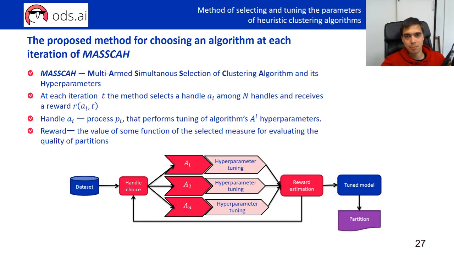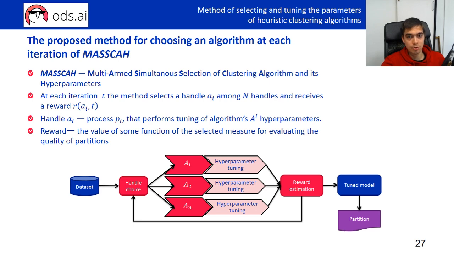So let's consider the proposed method for selecting and tuning that we call MASCAH. It actually stands for multi-armed simultaneous selection of clustering algorithm with its hyperparameters. Such an awkward name. At each iteration, the agent selects one of the handles, which corresponds to starting the hyperparameter tuning process for the corresponding clustering algorithm.